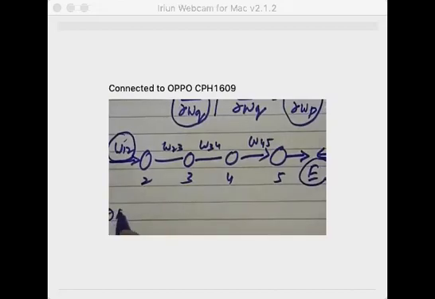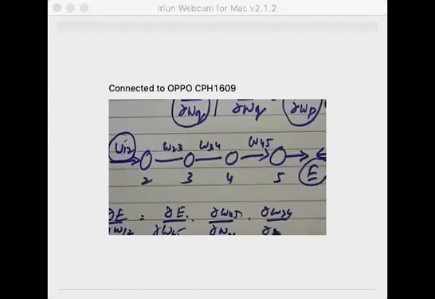So I can say that partial E over partial W12 can be partial E over partial W45 times partial W45 over partial W34 times partial W34 over partial W23 and partial W23 over partial W12.